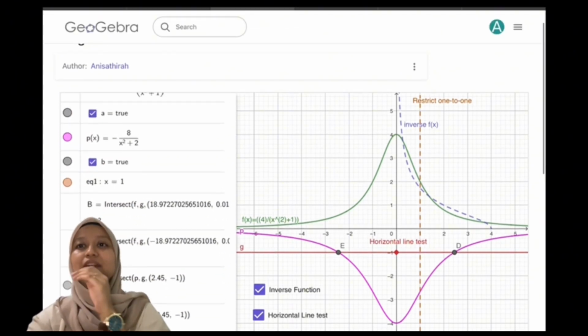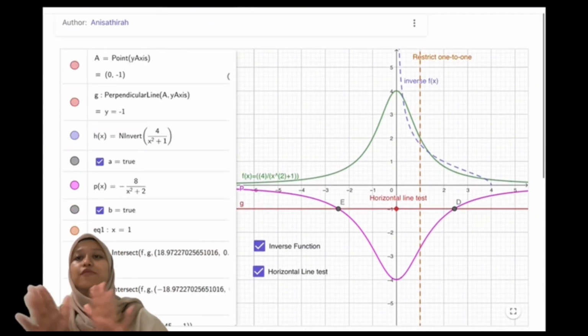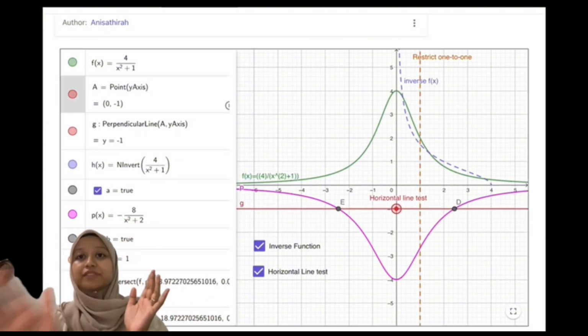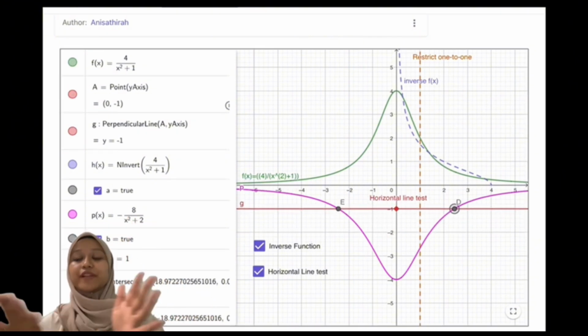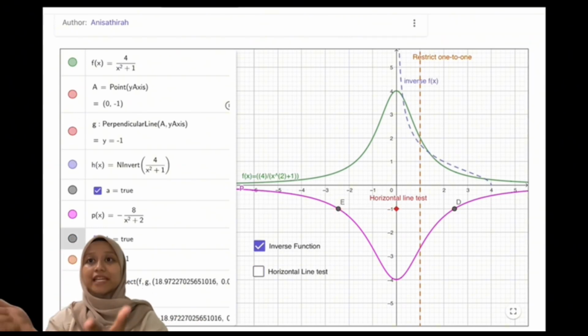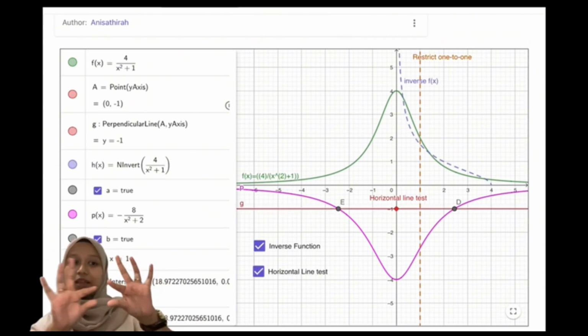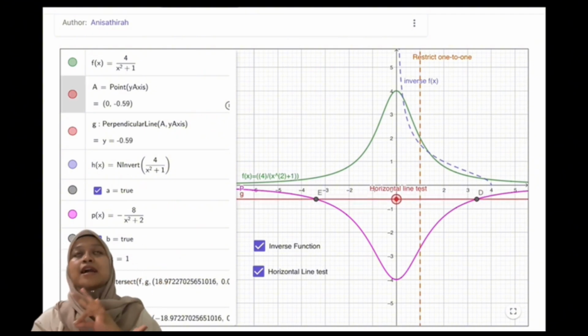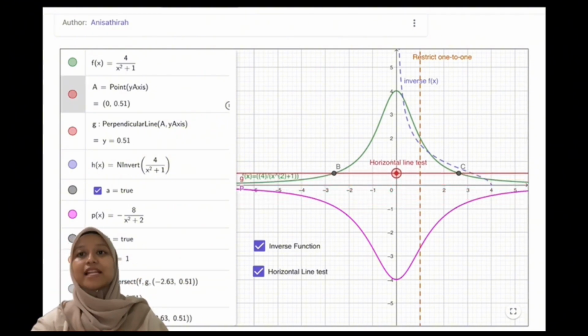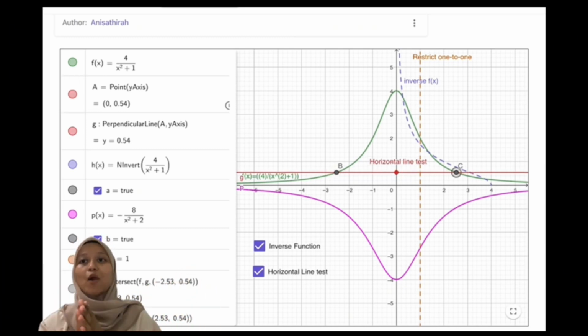So the horizontal line test will move up and move down to prove the intersection points for each function. As you can see, for clarity, I have put checkboxes over the GeoGebra. If you want to see the graph clearly, you can turn on the horizontal line test button.